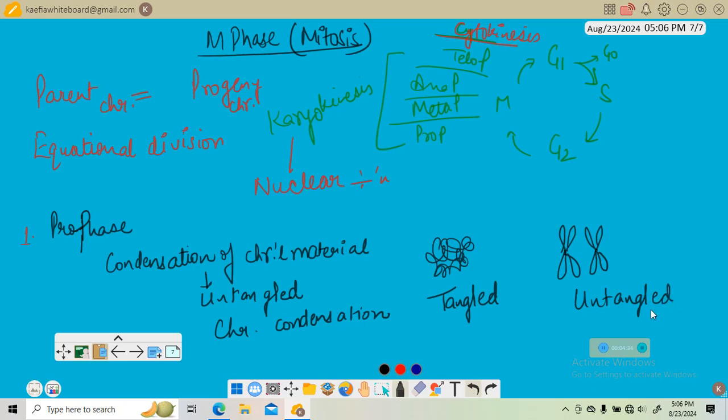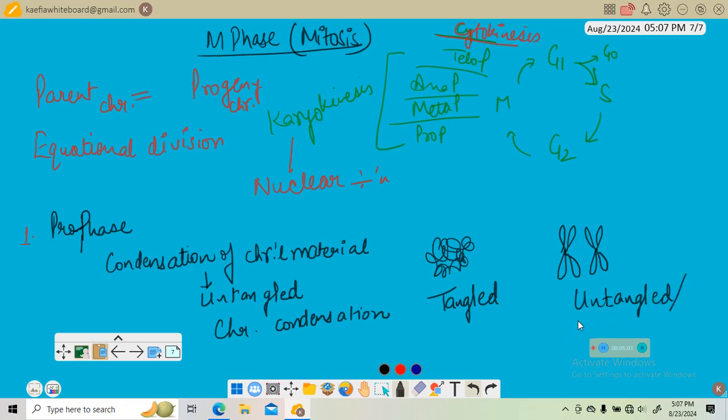In layman language, tangled means which is in a group, which is not sorted out, which is in a haphazard way. Like you say, his hair is tangled, that means it is a very messy look. Untangled is very clear and sorted out. That is how chromatin condensation happens.